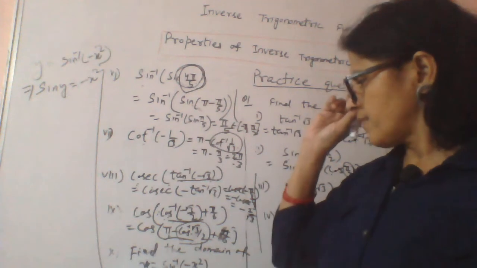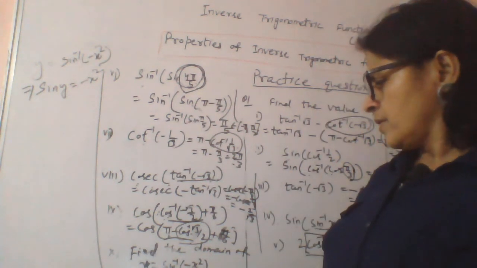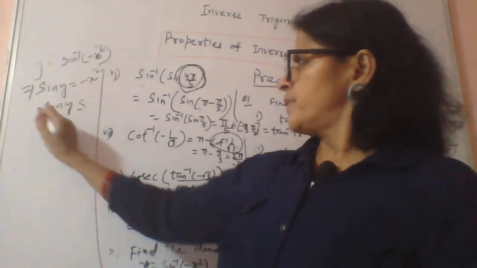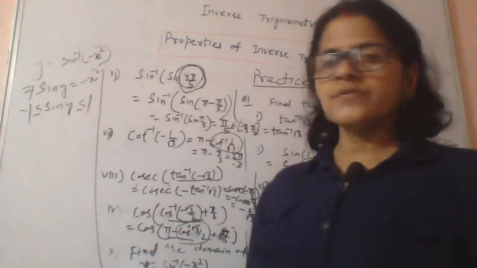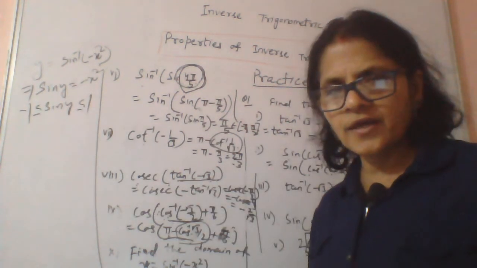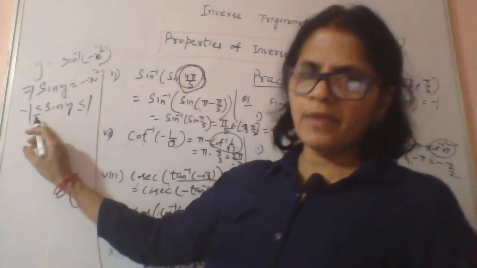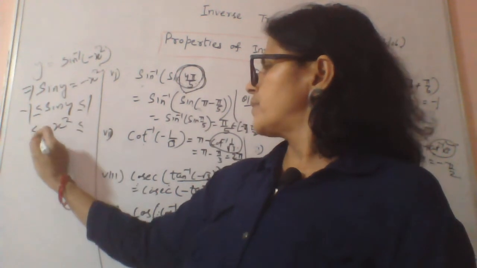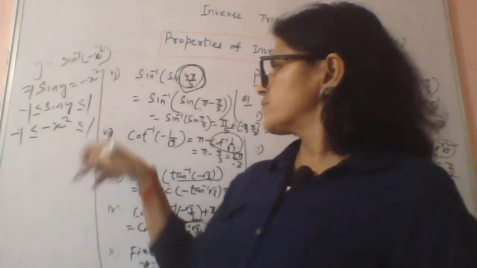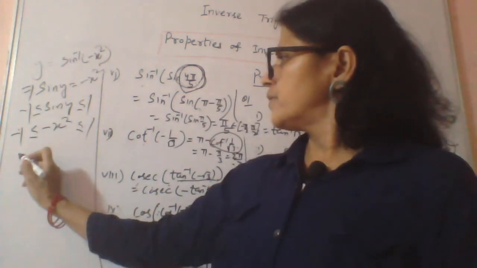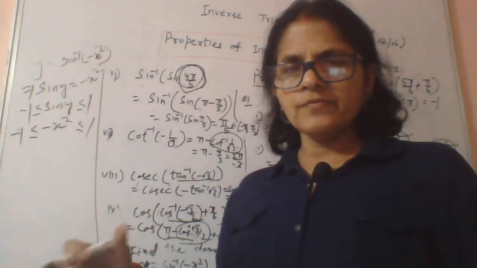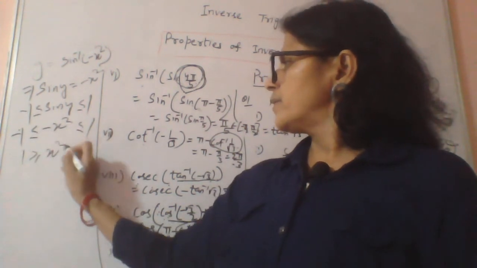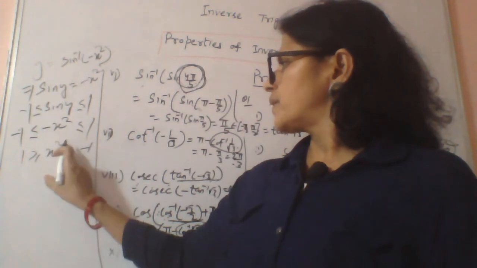Domain of the function means you have to take all x, and you know sin y lies between minus 1 and plus 1. Maximum value of sin theta is plus 1, minimum value is minus 1. So minus x square is between minus 1 and plus 1. If we multiply by minus 1 throughout, it will be 1 greater than or equal to x square greater than or equal to minus 1.